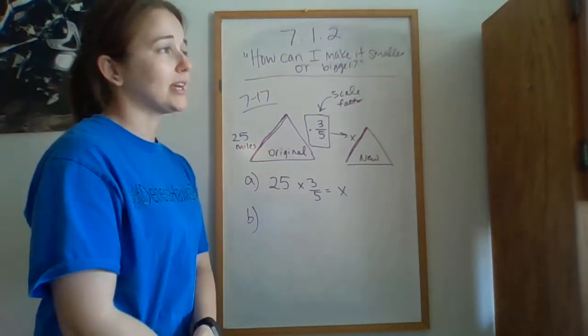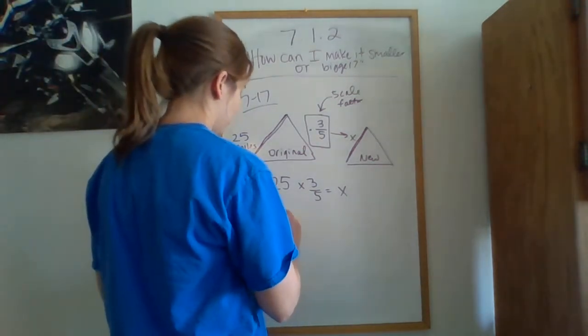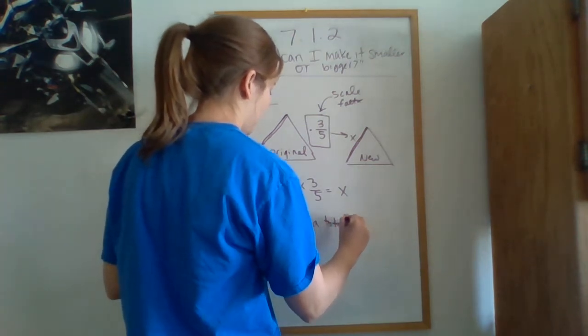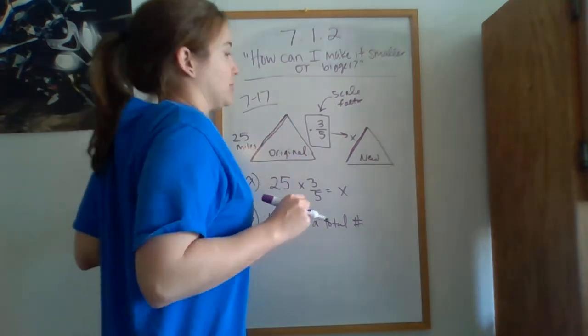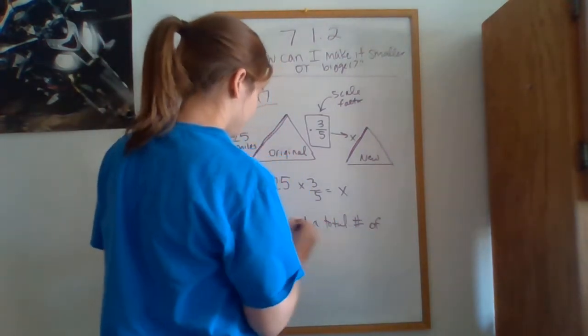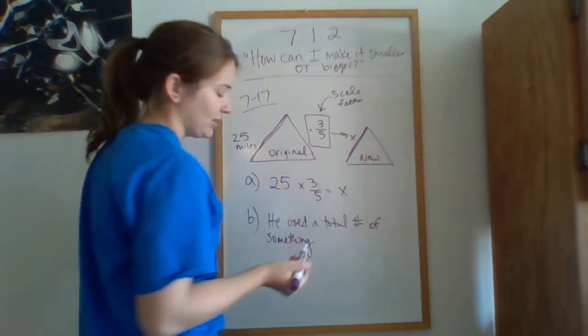Well, I was just thinking that he used a total number of something. So he used a total number. So in this case, it was 25, and in the last problem, it was still 25 of something. And then what did he do with it?